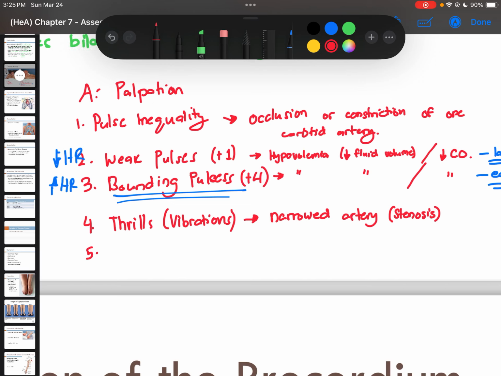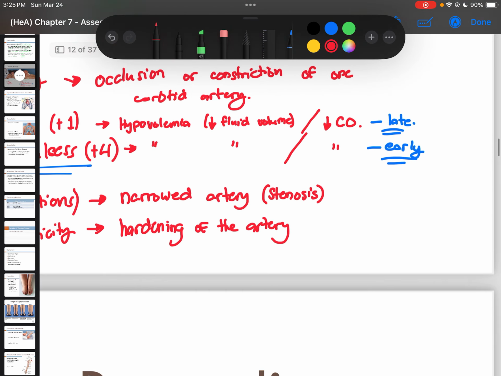Okay? And number 5 is loss of elasticity. Okay, immovable. The tendency is your blood vessel will now be immovable during palpation. This is due to the hardening of the artery. Specifically, when there is hardening of the artery, we call this, class, arteriosclerosis.